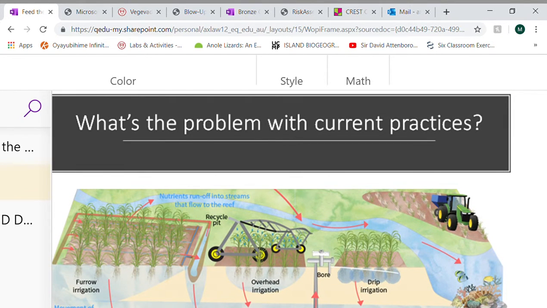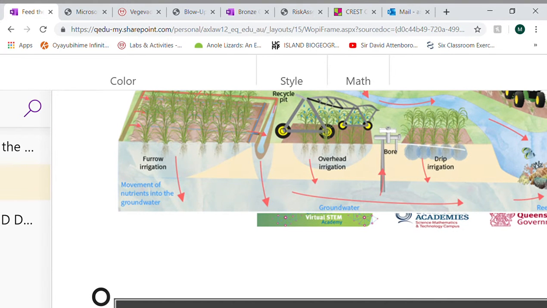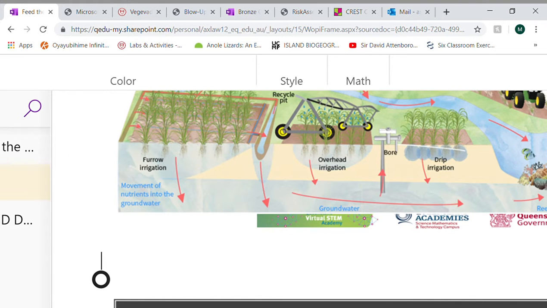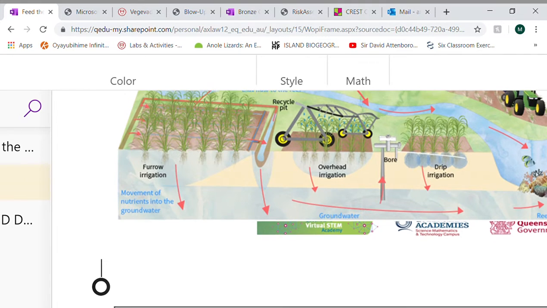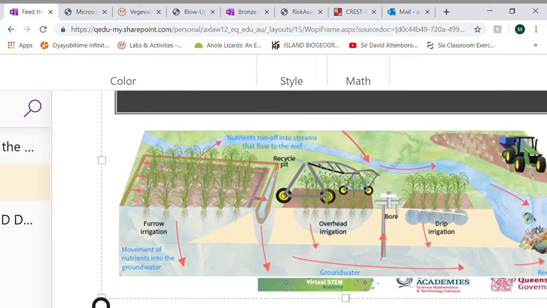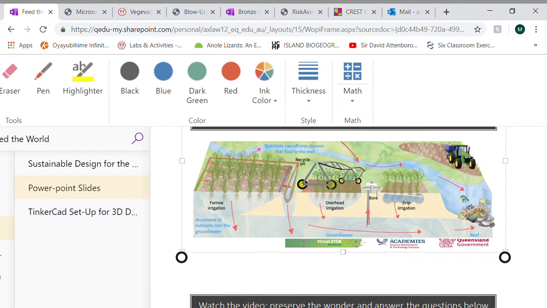So there are other problems with current practices. As an example, we have our current irrigation systems, and the flow of the irrigation system and the movement into our groundwater basically carries chemicals from the groundwater. And we have what is called nutrient runoff.